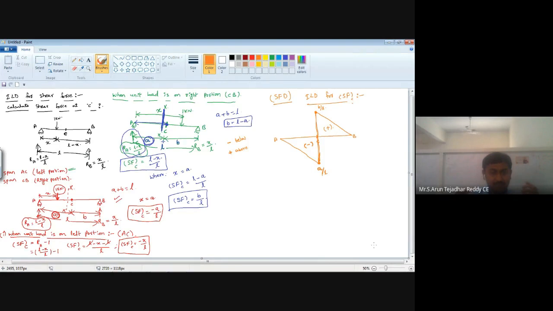Then we'll get our shear force at C. That's it. Very easy. Now, all of you, remember your previous classes, because it is a continuation process. If you don't know the previous class, then it is very difficult for you.